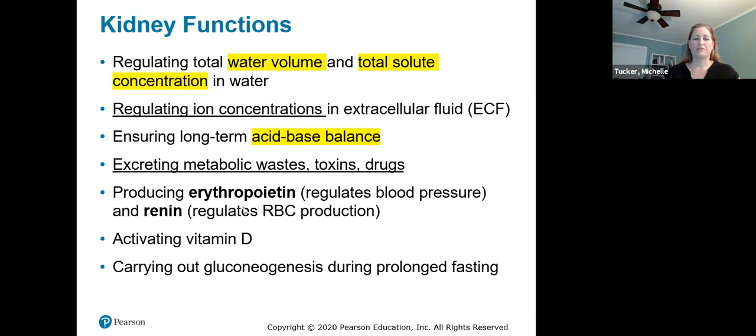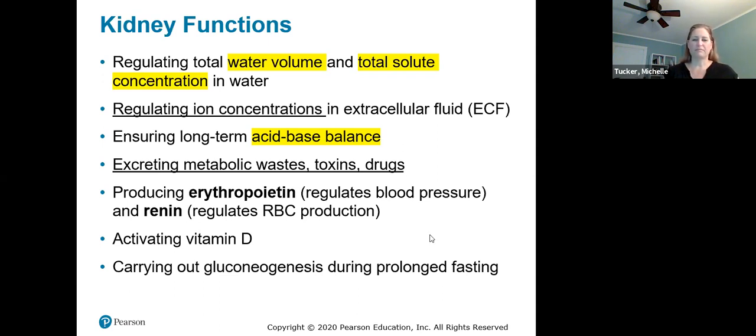And as we've already discussed in blood, the kidney produces erythropoietin to stimulate red blood cells to be produced, and to stimulate the release of reticulocytes to form erythrocytes.